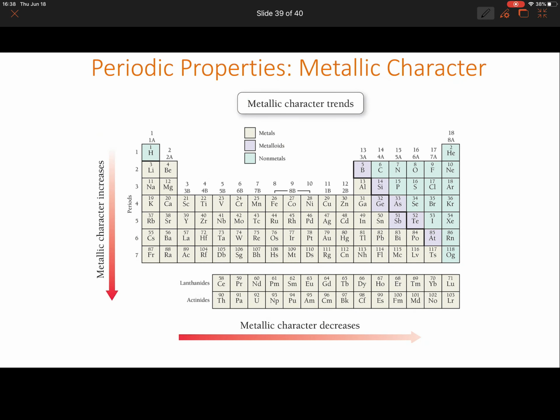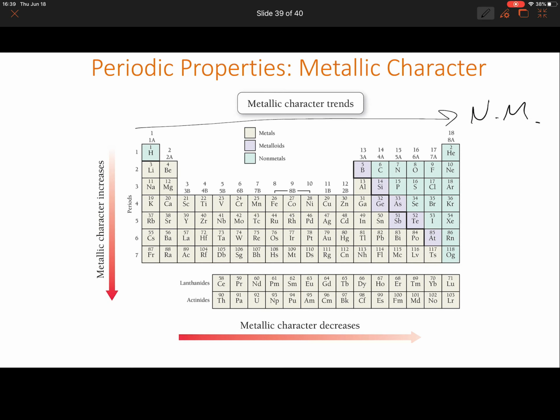Okay, metallic character. Metallic character is basically just repeating what we've just said. These size and ionization trends lead to the effects that we call metals and nonmetals. Metals lose their electrons and nonmetals gain their electrons. So as you move this way, as things get smaller and ionization energy gets bigger, we get more towards the non-metal side.